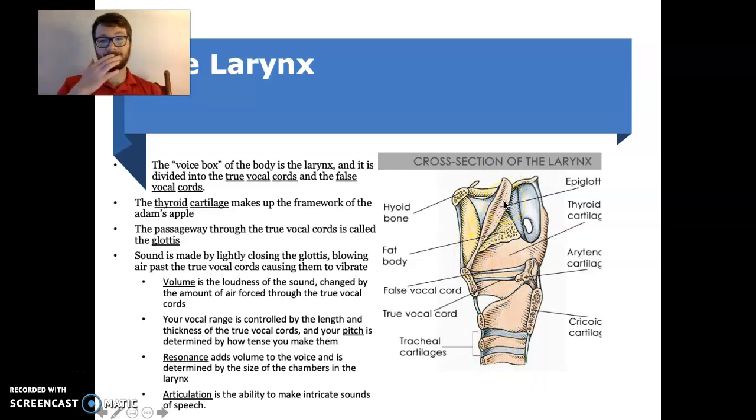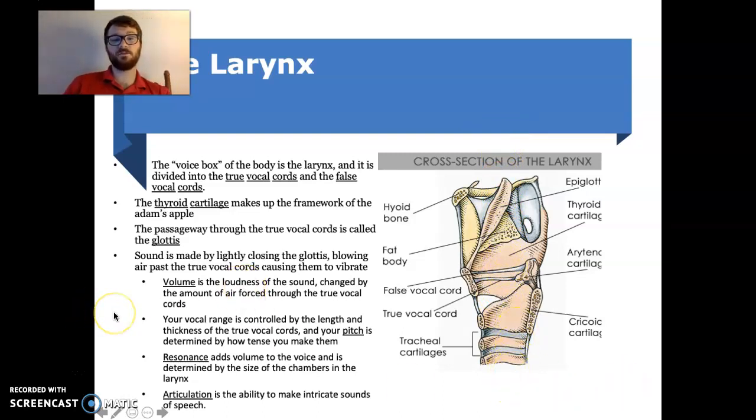The epiglottis is a flap which closes off the airway to the lungs when you're eating. And so if the body detects that you're trying to swallow food, the epiglottis closes off the pathway to the lungs through the trachea. And when you're trying to speak, the epiglottis opens up to allow air to come through here, through the thyroid cartilage, the vocal cords, and into the trachea.